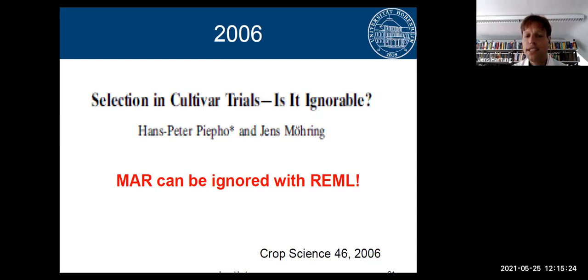There we stated that missing at random can be ignored when you're using maximum likelihood, so when you're using REML as estimation method. I think most of you, whenever you're doing an analysis, use REML as estimation method. It's state of the art for mixed model analysis. So whenever you use REML, you can ignore the missing at random data pattern. It's published in Crop Science 46.